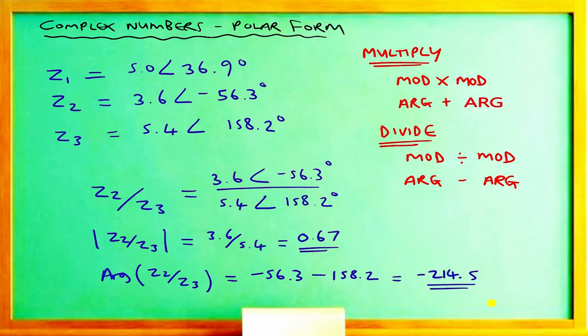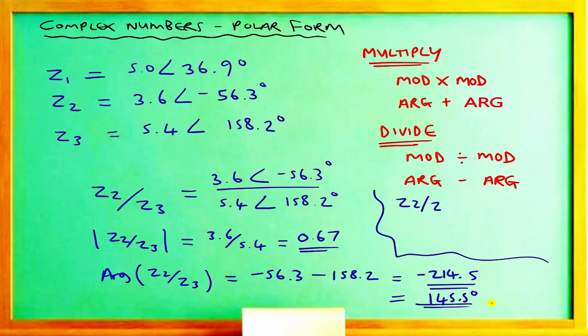To express that as a positive, all we need to do is 360 minus the 214.5, and that will give us this angle here. So minus 214.5 is just the same as saying 145.5. So we can write z2 over z3 equals 0.67 at an angle of 145.5 degrees.